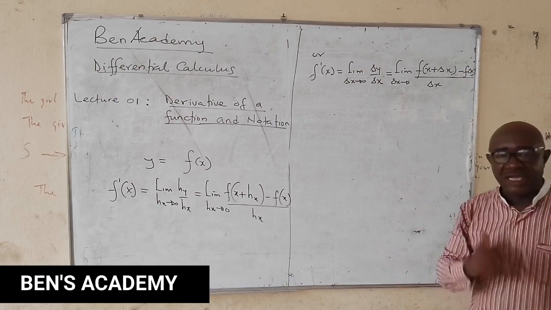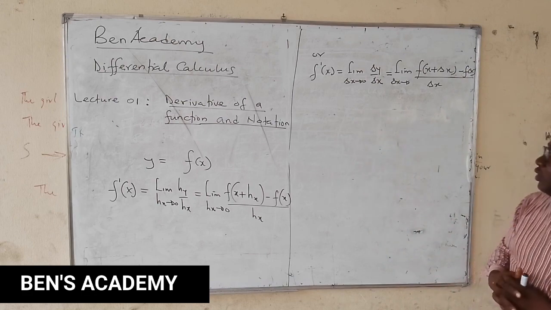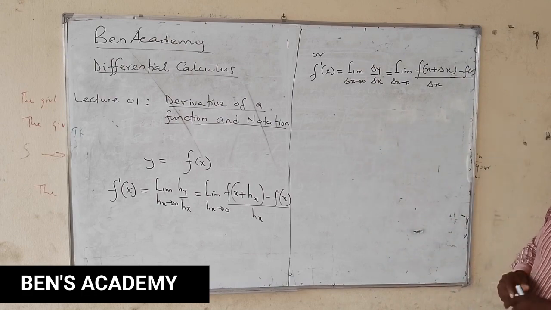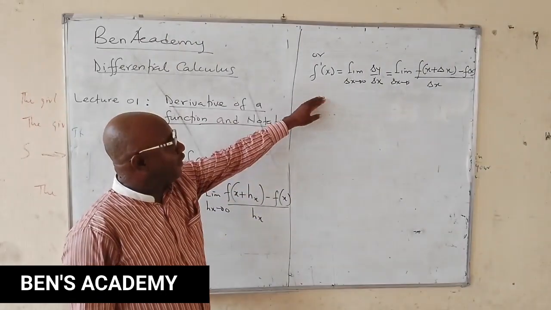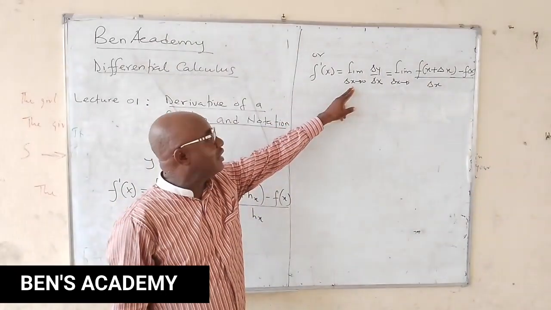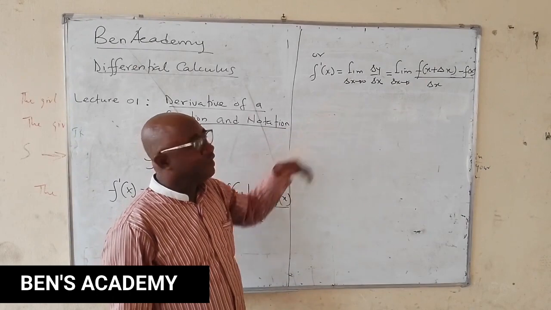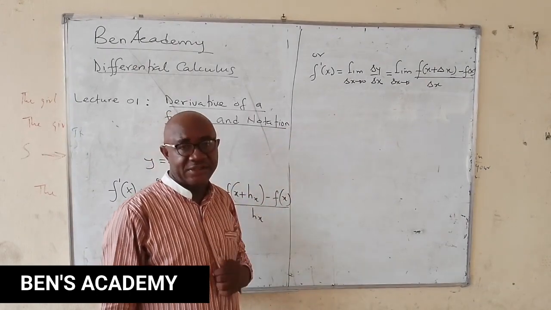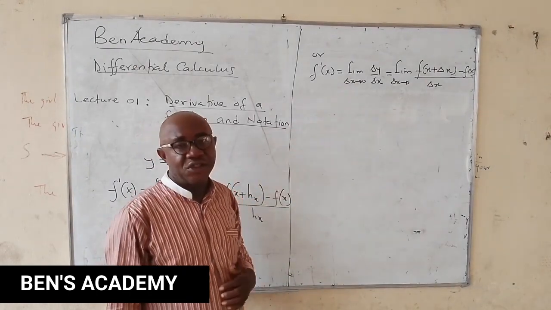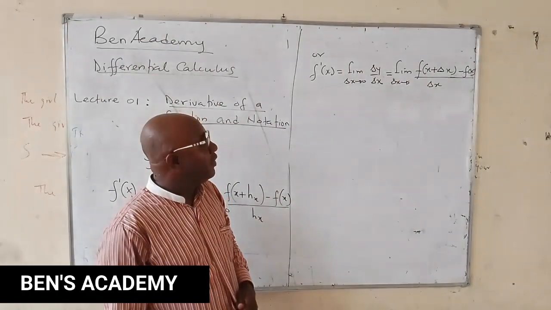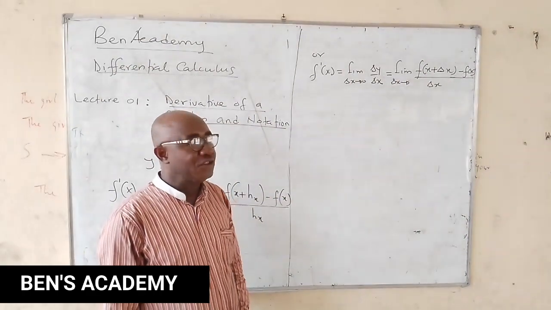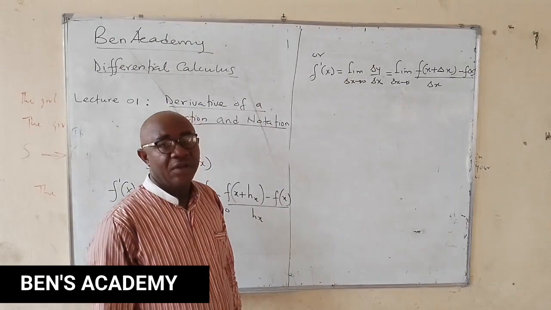So it measures the rate at which one function is changing with respect to the other. Now, if the limit of this function exists, it means that the derivative of the function also exists. But if the limit of the function does not exist, it means the derivative of the function does not exist.